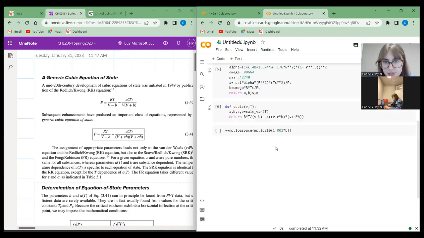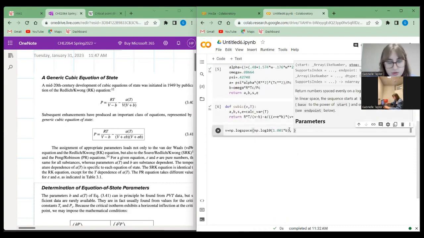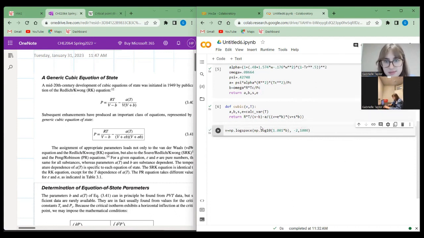So after we do that, we have our b in there. Now we need to do where we want to stop. Let's stop at -2 because it should be close around there, and let's do increments of 1,000.